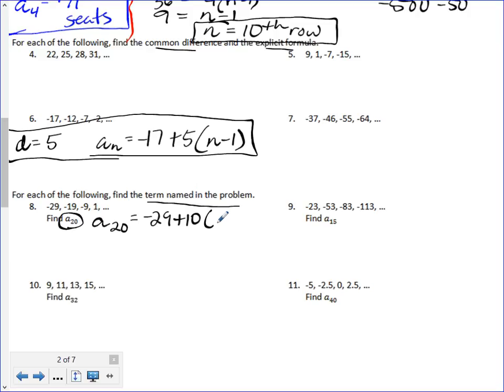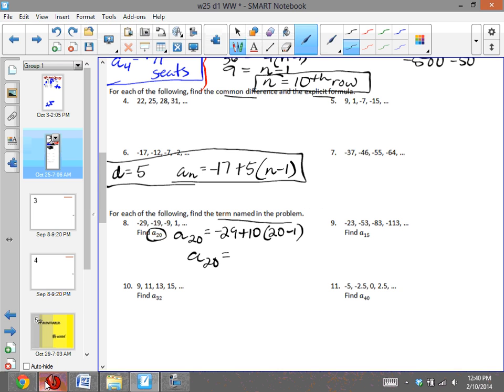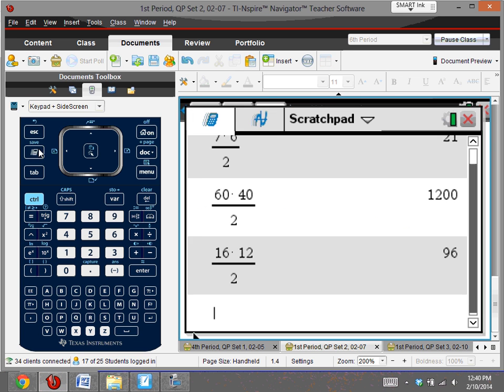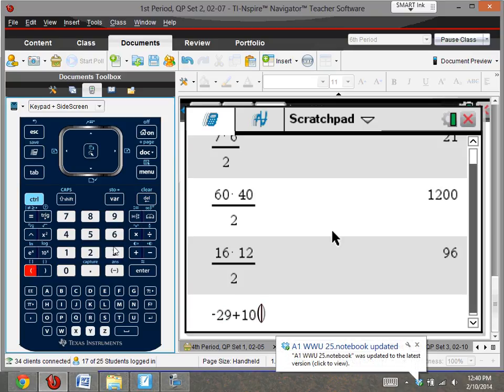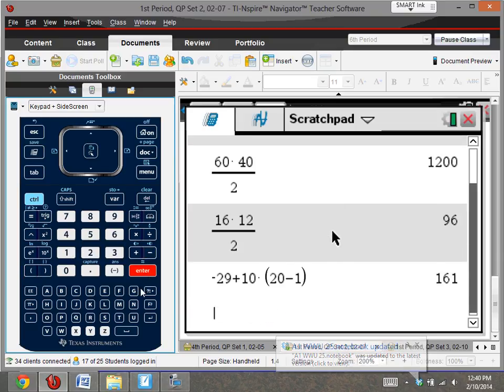What is n in this case? 20. So 20 minus 1, or you could also just put 19. So the 20th term is going to be negative 29 plus 10 times 20 minus 1. Type it into your calculator. A couple of y'all said 161. I agree.